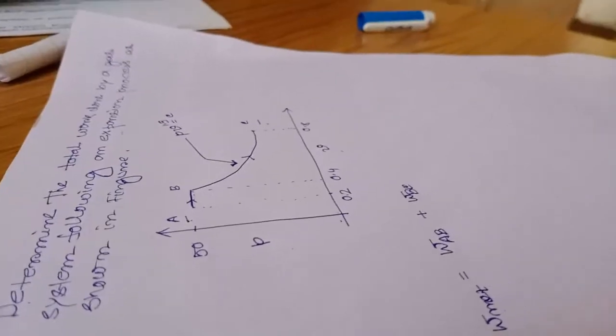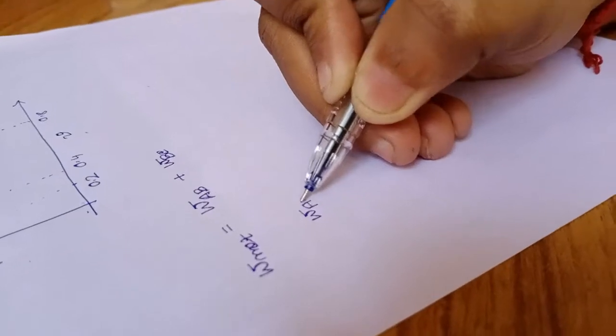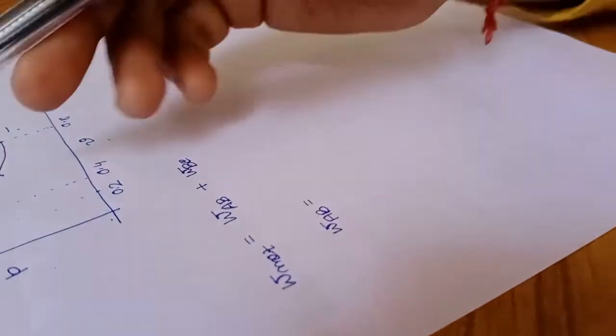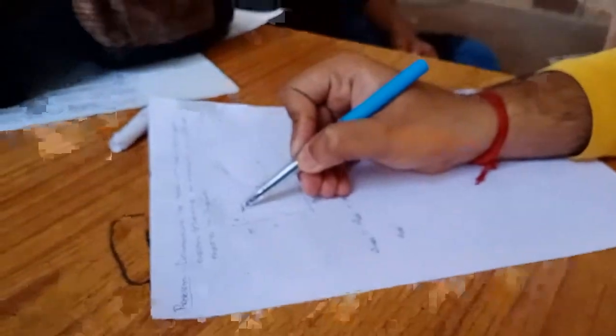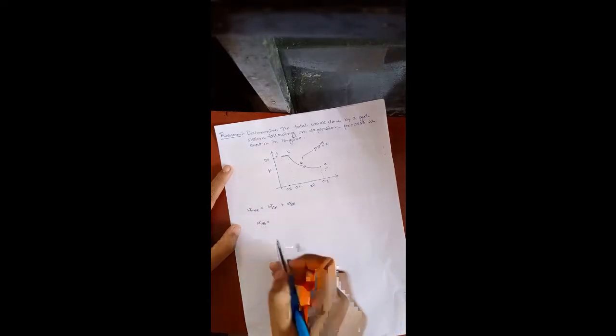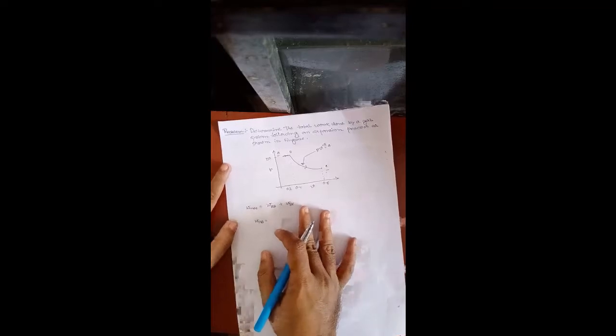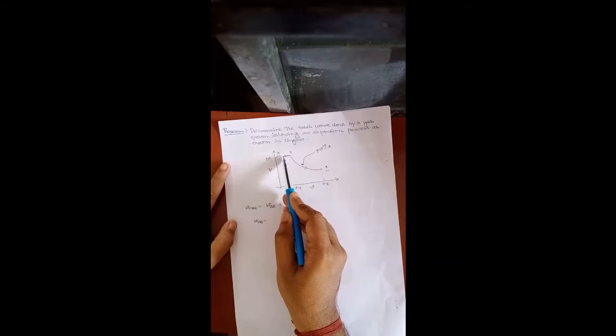Now let us start to find out WAB. Look at the process AB. To find out WAB, you have to choose what type of process it is.